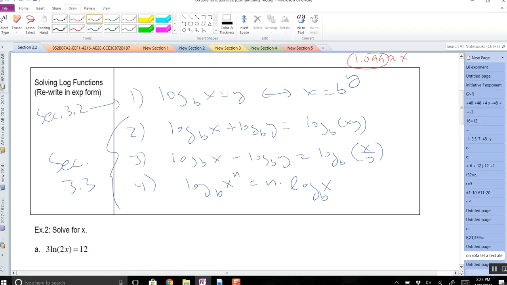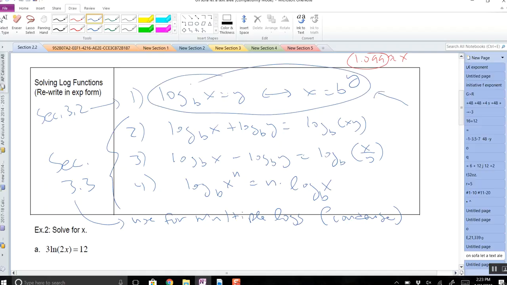So if you see multiple logs, you're going to use either 2, 3, or 4, because you're going to want to condense. And for this one over here, this allows us to rewrite the equation.